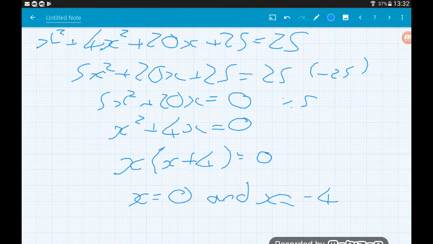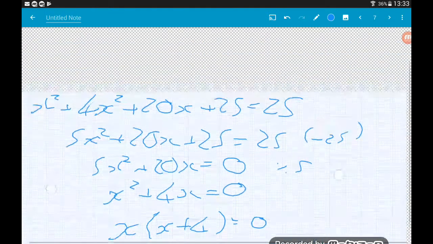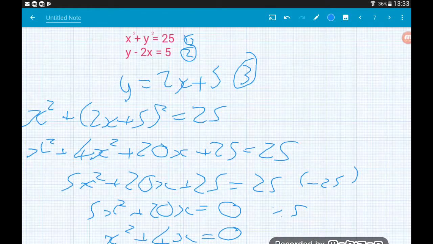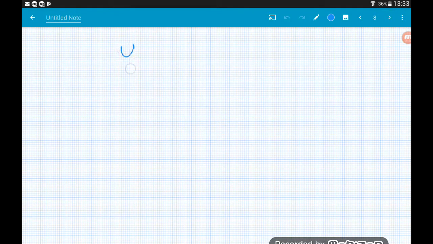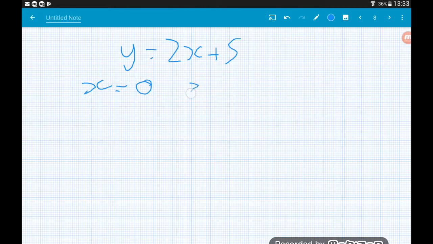We want to now use those to find the two y values. So remember, we've certainly got an easier equation here to use, which was equation 3, y equals 2x plus 5. So let's see what happens if we substitute in our values. So y equals 2x plus 5. Remember, x was equal to 0 and x is equal to minus 4.